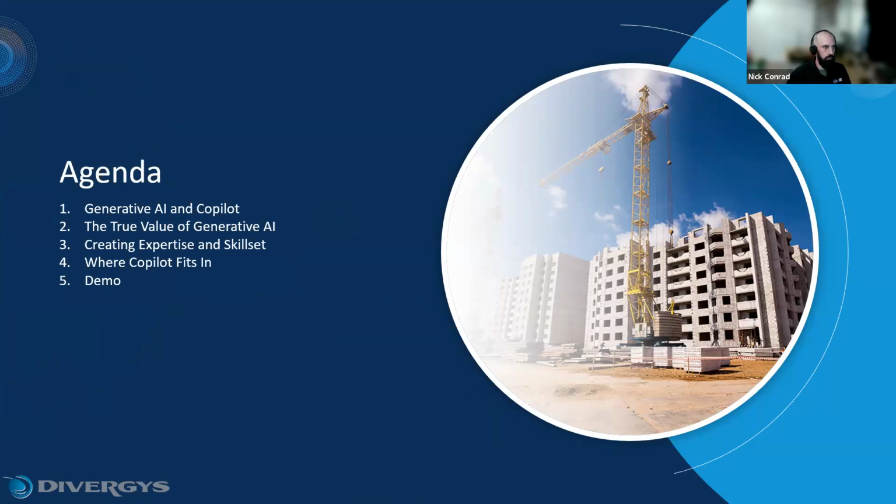So, a quick agenda for the call. I'm going to go over a little bit of background about generative AI and Copilot and how they work together, how Copilot builds on those, and what the chat model is like. Then the value of using generative AI: increasing your productivity, boosting individual performance, building on top of the individual's knowledge base already, and being able to expand and increase overall productivity.